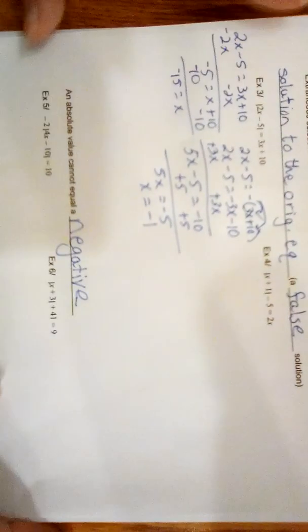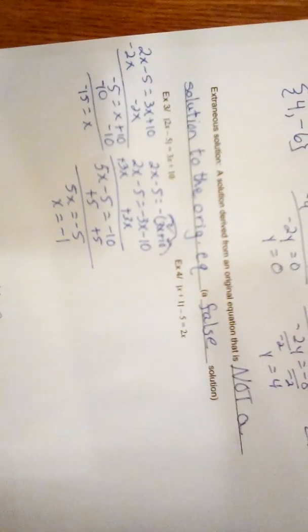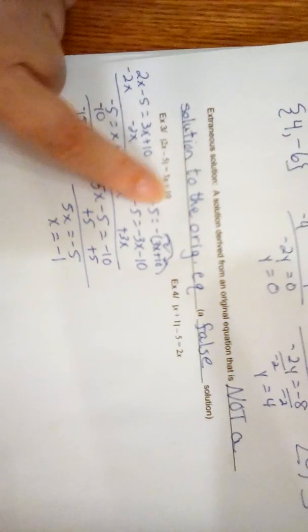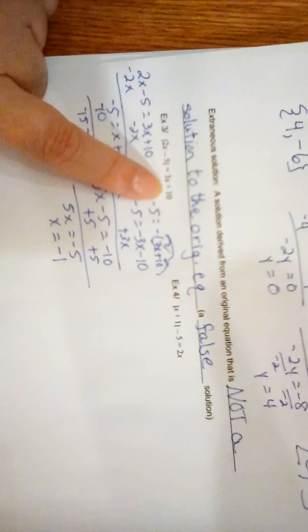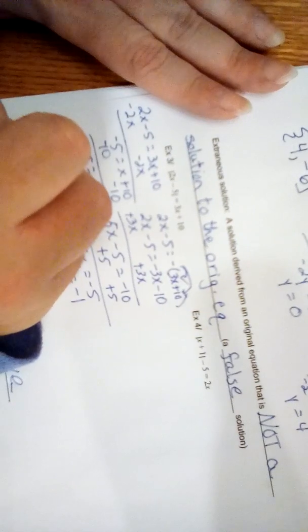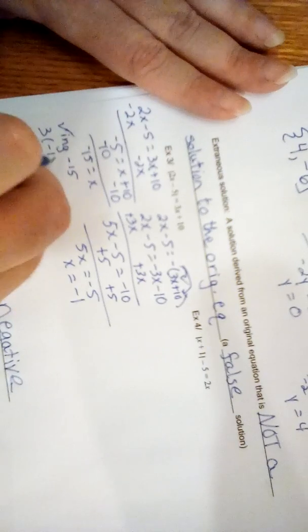So if we look back up here at these answers, now you can check it back into both sides, but you don't have to. You can check just into this side. If this comes up a negative, it can't be an answer. So if I want to check, I'm checking negative 15. 3 times negative 15 is negative 45 plus 10.